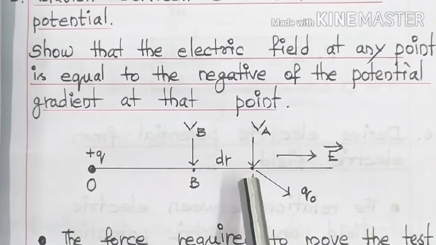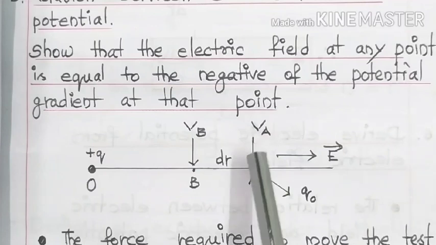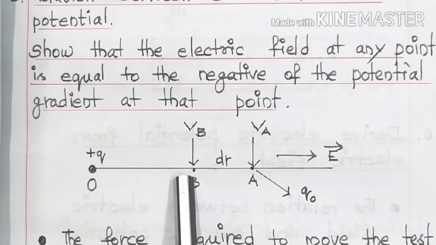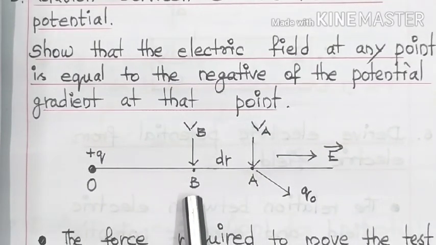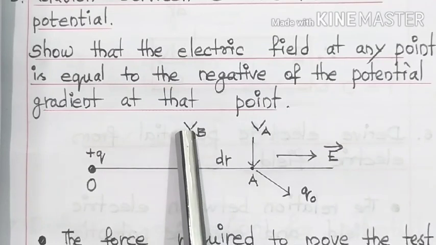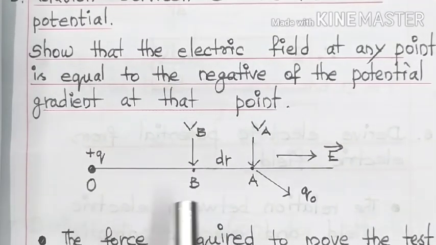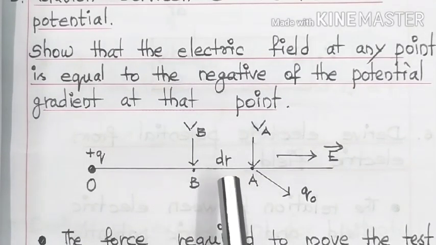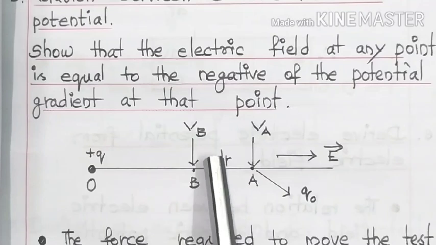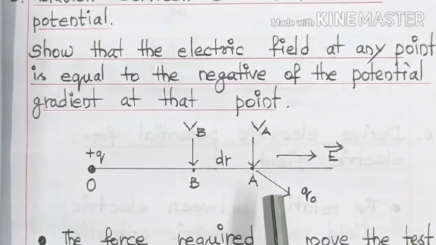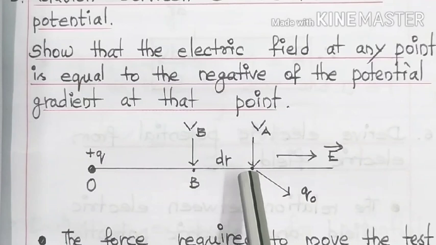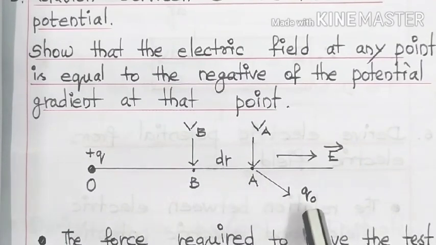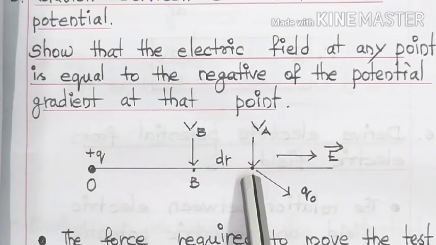At this point in the electric field the potential is VA, and another point I have taken as B. At this point the electric potential is VB. The distance between points A and B is very small, so it is written as dr. At the point A a positive test charge, named Q naught, is present.